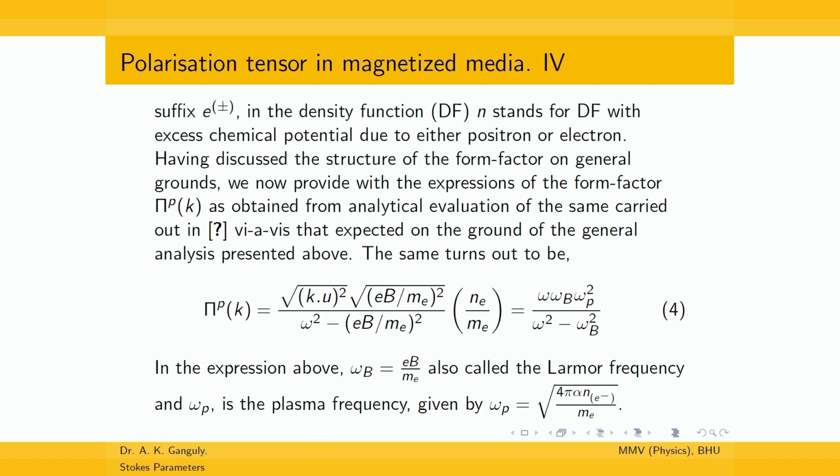The explicit form of the polarization part pi p has something that is density and temperature dependent, that comes as a combination of number density of the charged particles divided by their mass. The issue of the medium characteristics, whether it is relativistic, ultra-relativistic or classical, actually enters through those factors.